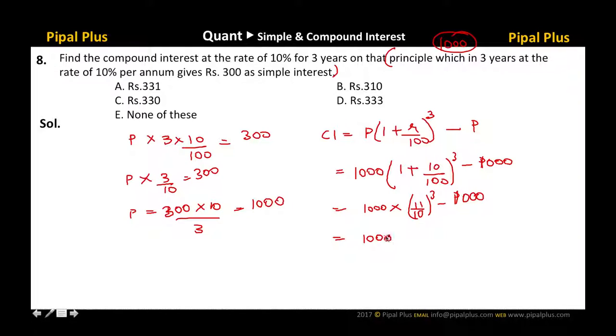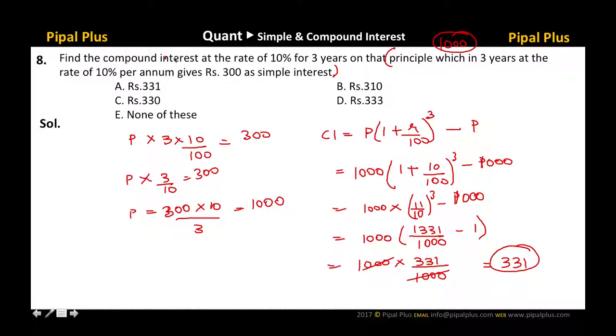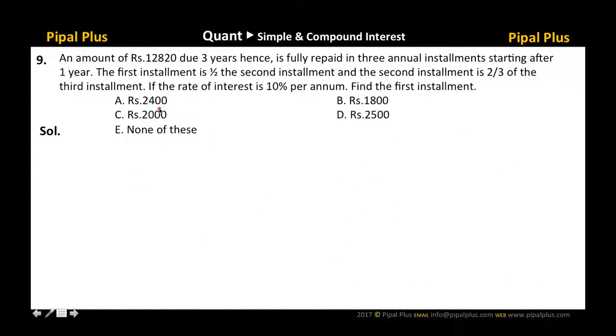So we take 1,000 common and we get 11 cubed, which is 1331 by 1,000, minus 1. When we take this as 1,000 by 1,000, the bracket simplifies to 331 over 1,000, and the amount is rupees 331. So this is what we get as compound interest on a 1,000 rupee principal. So we mark A.